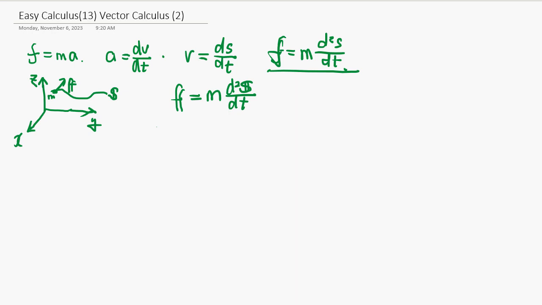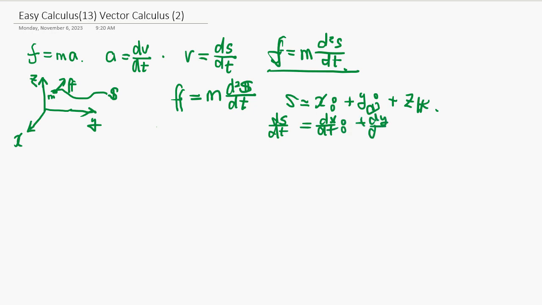So what does this mean? This means s equals xi plus yj plus zk, and this derivative is simply dx dt plus dy dt plus dz dt, right?